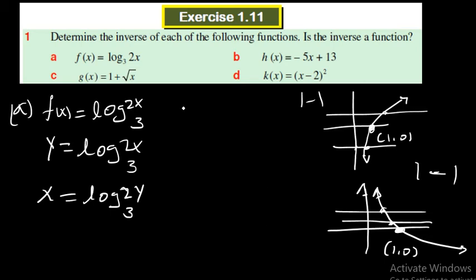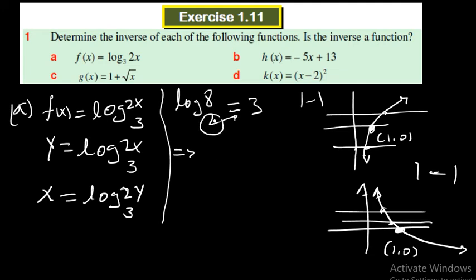The next step, remember, for example, if you have logarithm of 8 to the base 2 equal to 3, what does this mean? This is the same as 2 to the power of 3. The base here will be the base for the exponent also. So logarithm and exponential are inverses of each other. 2 to the power of 3 is the same as 8.